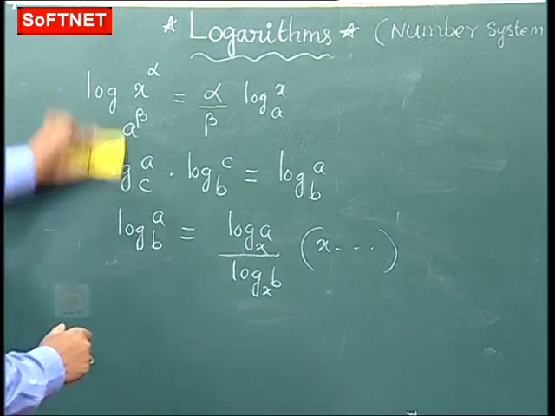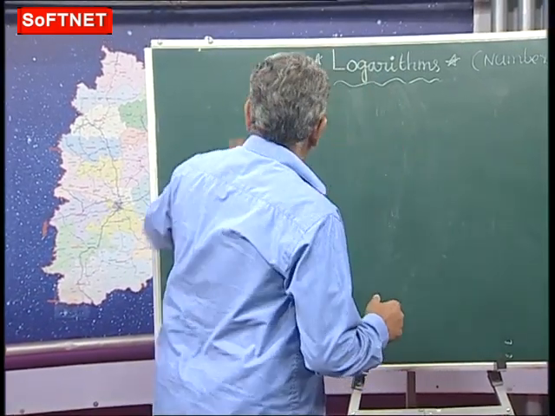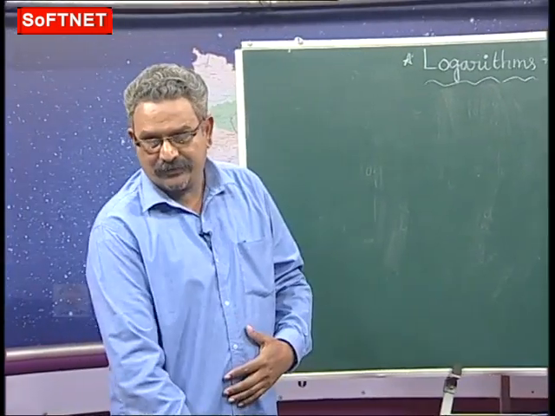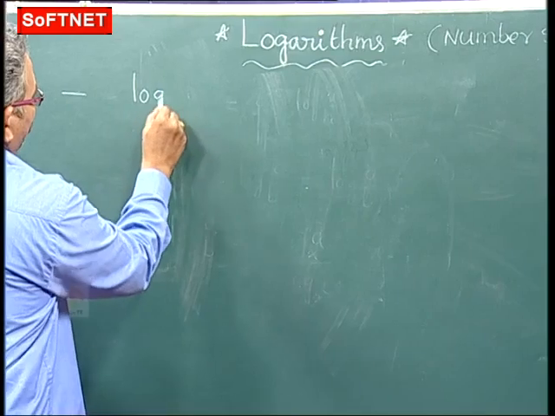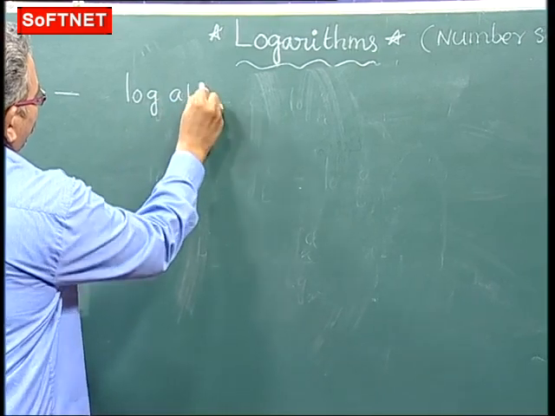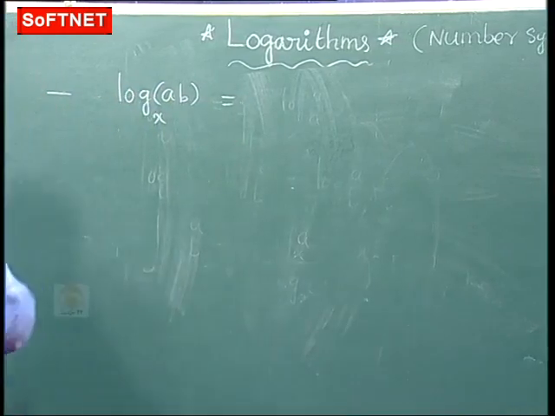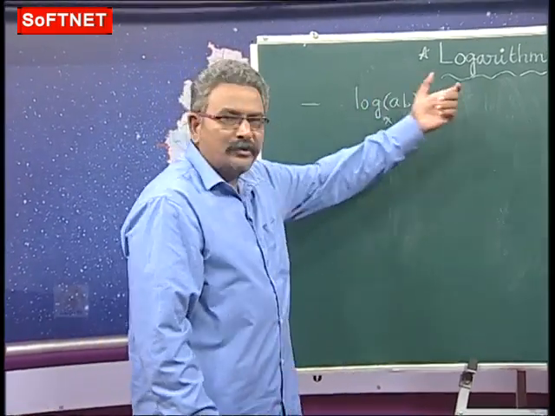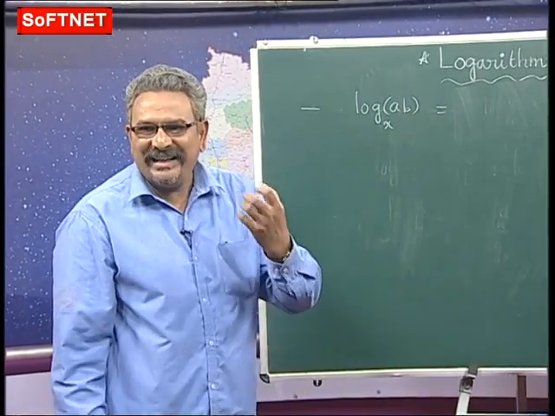Now let us discuss more properties of logarithms. Log of ab to the base x, that means the product of two numbers. When you apply the logarithm to the product of two numbers, what do we get?